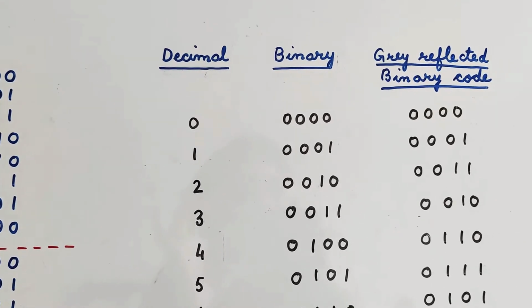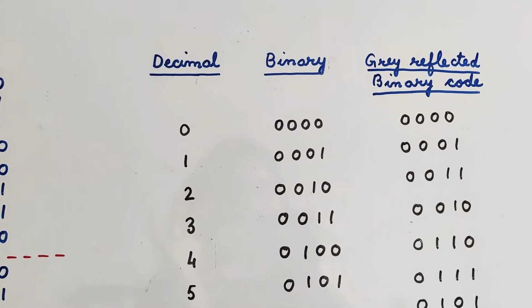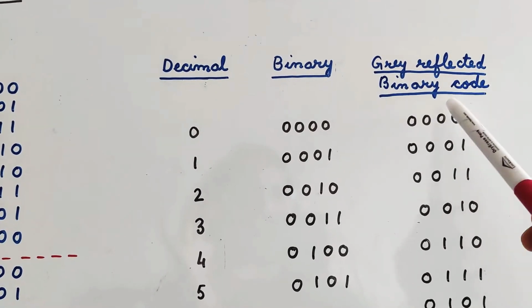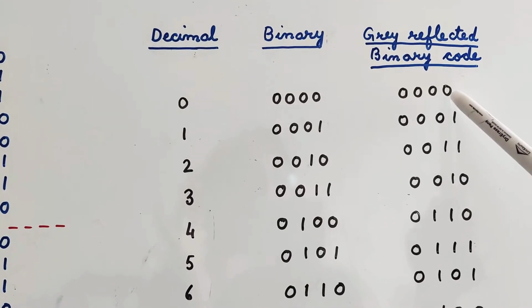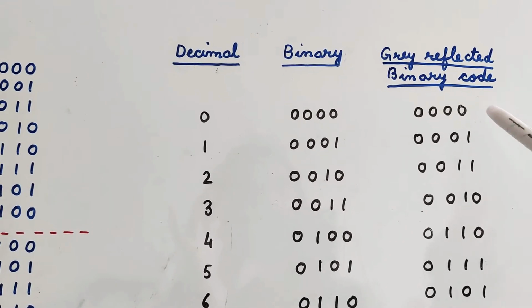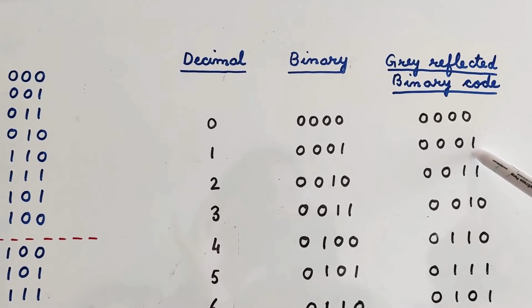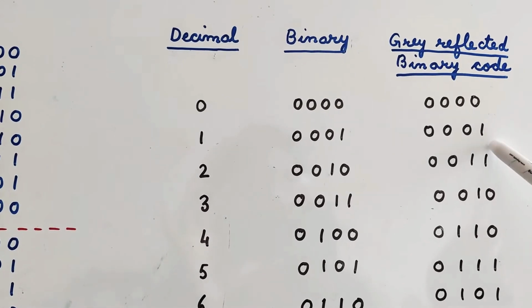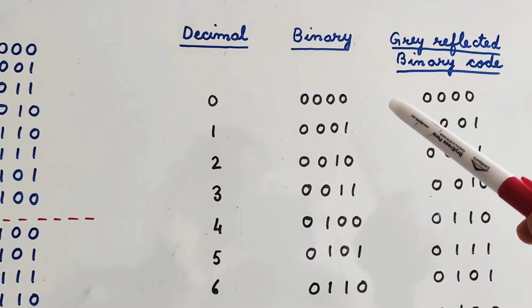That is, there is no fixed pattern in case of binary numbers. But in case of gray reflected binary code, if we observe the successive numbers, we find that the successive numbers differ from the previous one in only 1 bit. So let us see how.